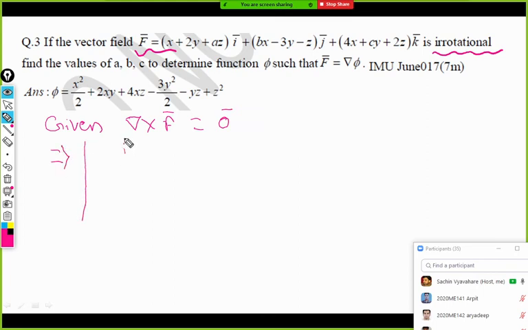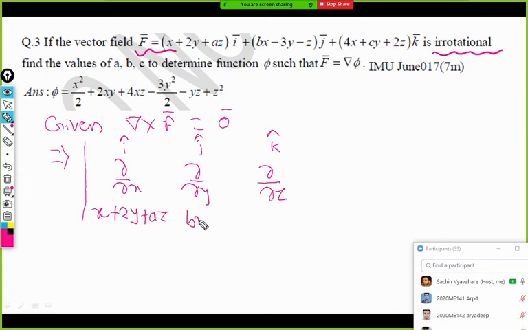So this gives us a determinant. First row: i, j, and k. Second row: the operators dou by dou x, dou by dou y, and dou by dou z. Third row: f1 is x plus 2y plus az, f2 is bx minus 3y minus z, and f3 is 4x plus cy plus 2z, and that should be a 0 vector.